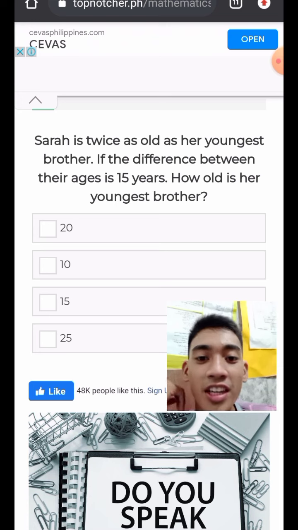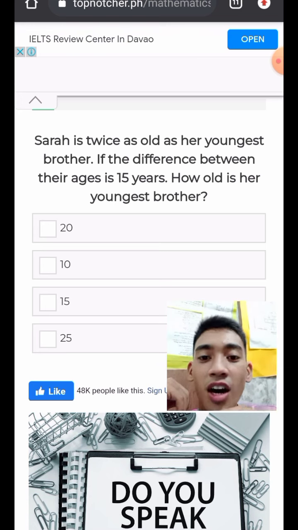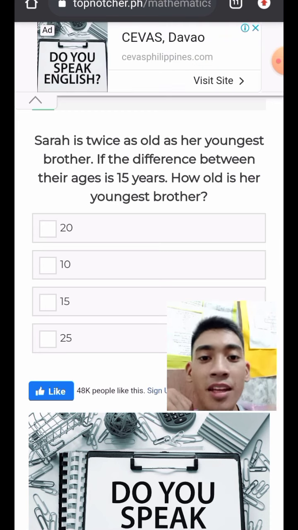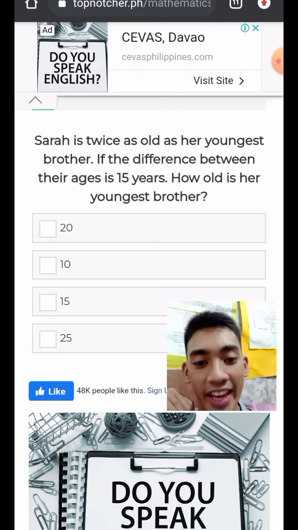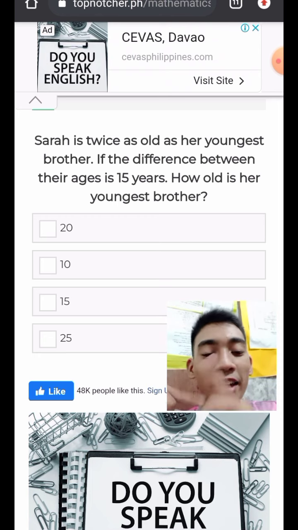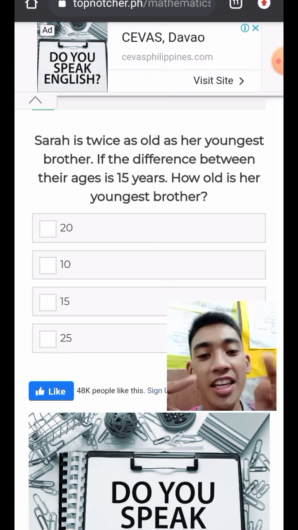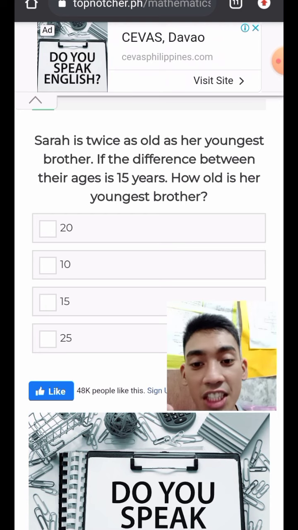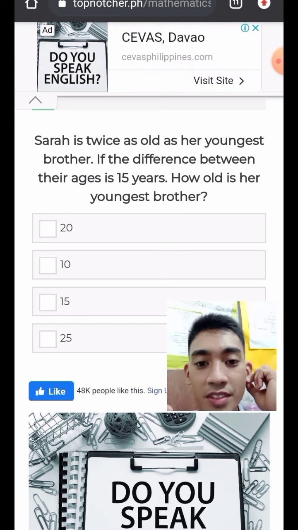Therefore, it will become 2x minus x, because 2x is the age of Sarah minus the youngest brother, which is x, equals 15. So obviously, if we compute that, x is 15. The age of her youngest brother is 15.